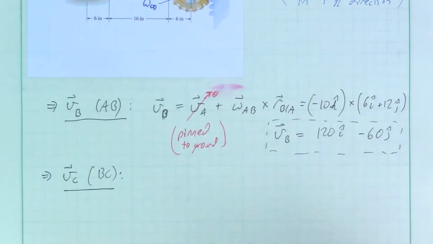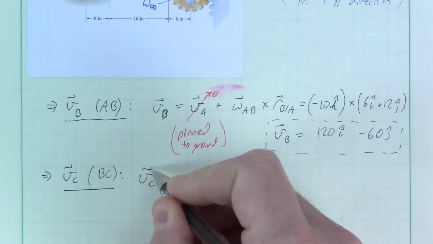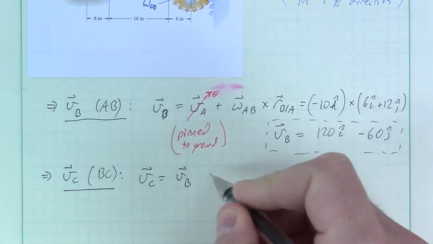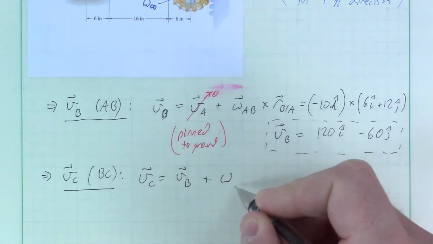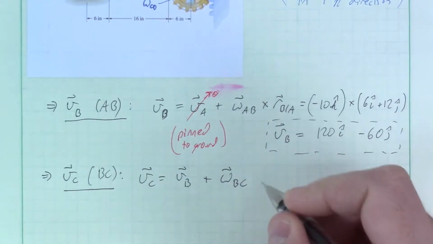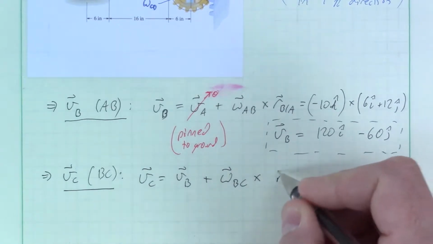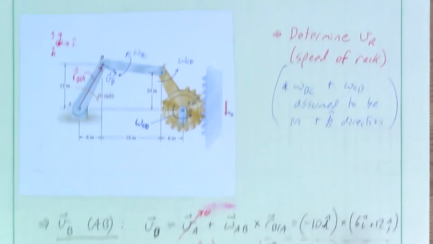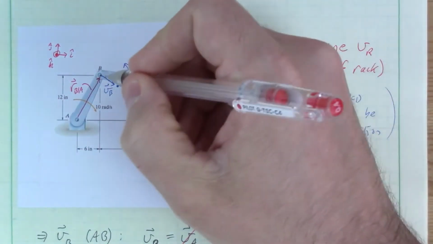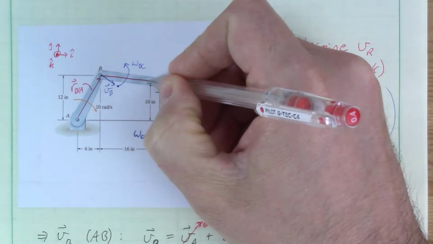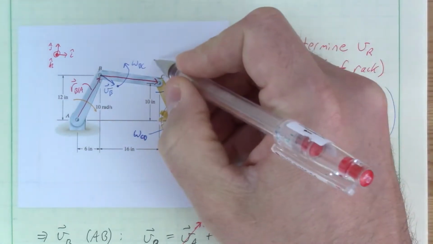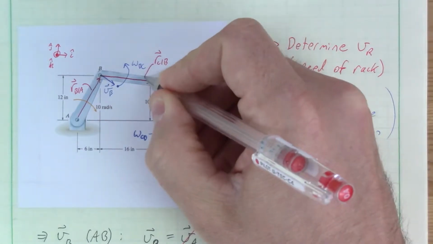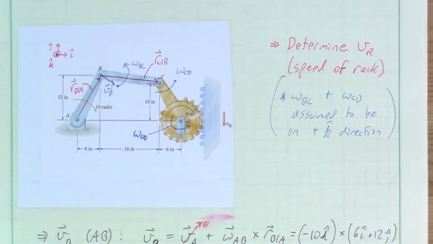That BC rigid body has this relationship between those two points: the absolute velocity of C is going to be the absolute velocity of B plus the rotation of the BC rigid body crossed into the position vector of C with respect to B. Going back up to our diagram, this is that relative position vector, RC with respect to B, or as seen from the pin B.